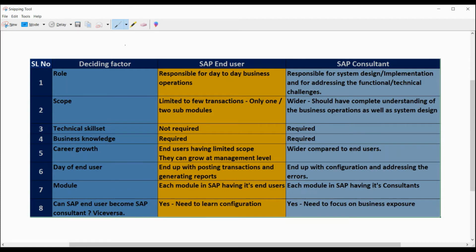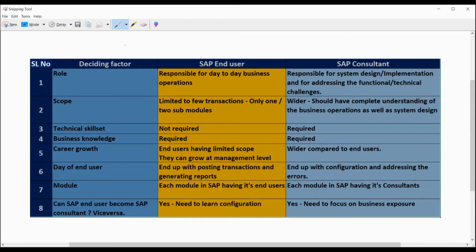Business knowledge. For an SAP end user, it is required, as he needs to deal with business operations. For an SAP consultant, it is also required, because he needs to understand the business first of all, and only then can he provide the solution. Career growth. End users have limited scope compared to SAP consultants. In their profile, they can grow to managerial level.